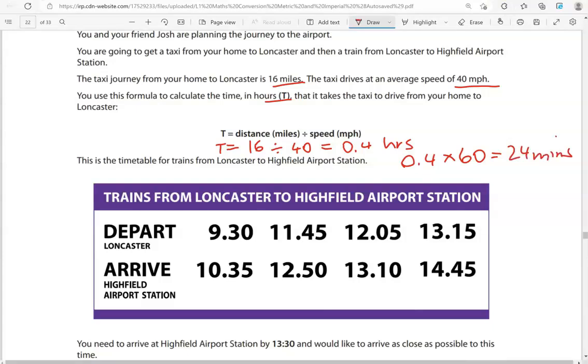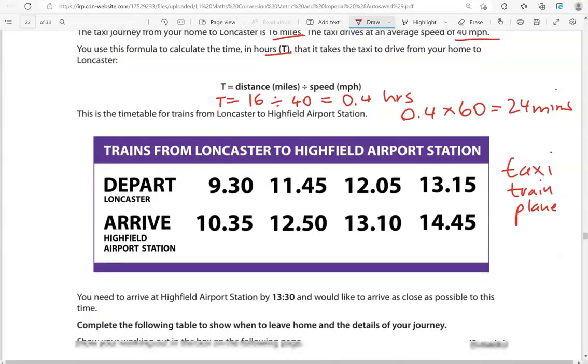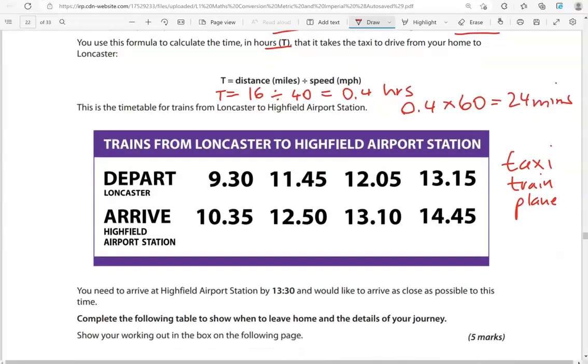So they need to take the taxi first, then the train, and then the plane. The taxi is the first step, which takes 24 minutes. But we've got to work it backwards, because the only time we're given is 13:30, which is the time they need to be at the airport station, and they need to get there as close as possible to this time.